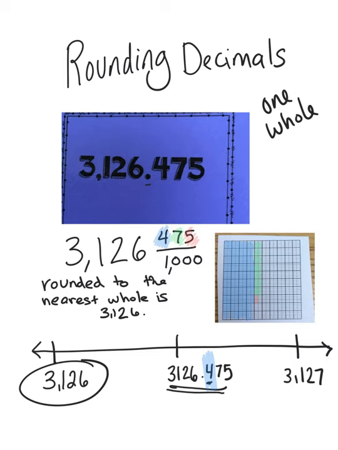Now let's look at how my answer will be different when I round to the nearest tenth. We round the big number to the nearest whole number using the digit in the tenths place to help us.